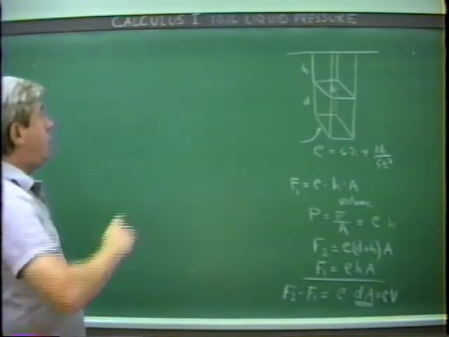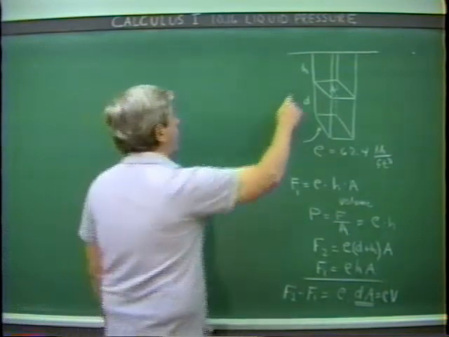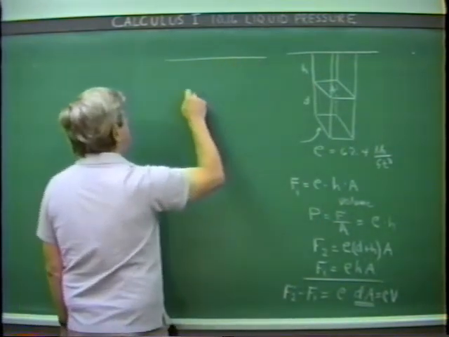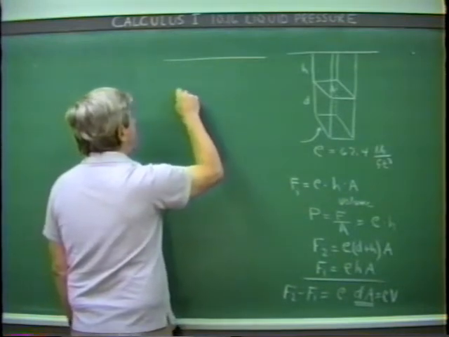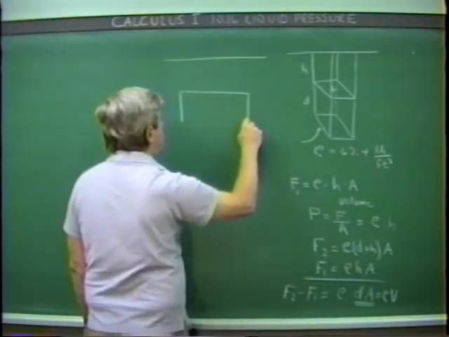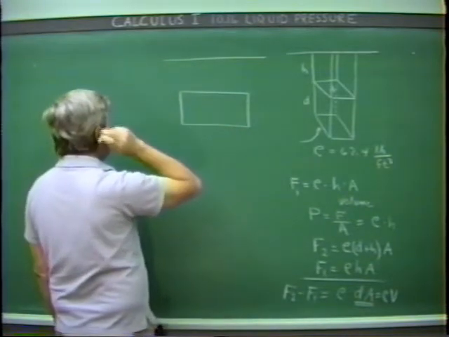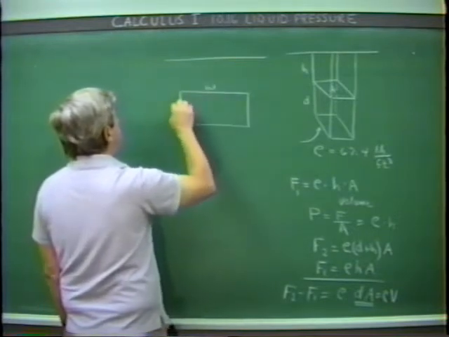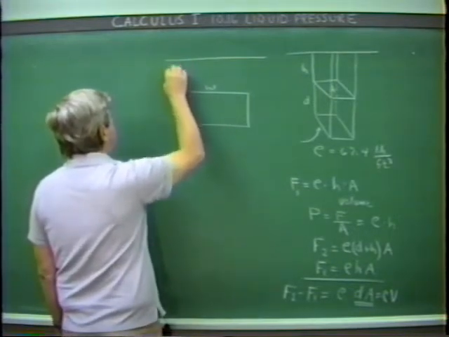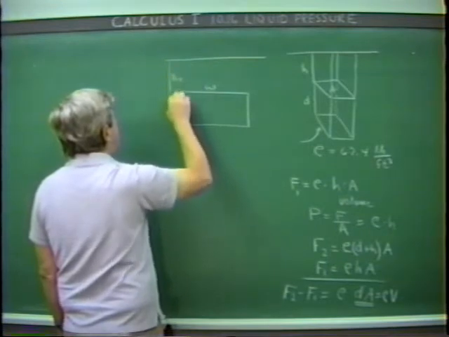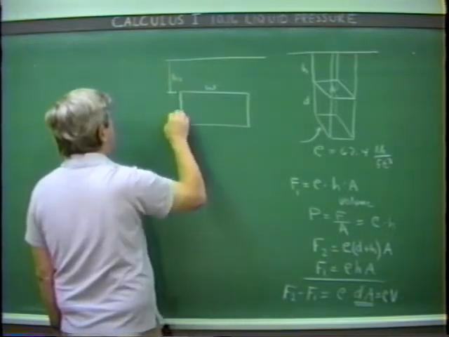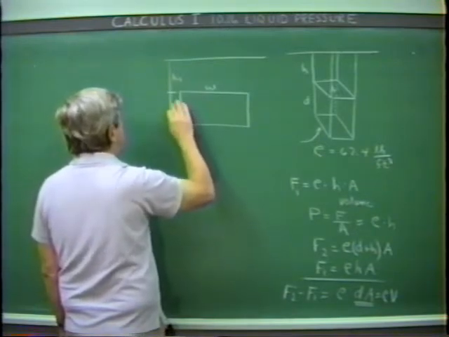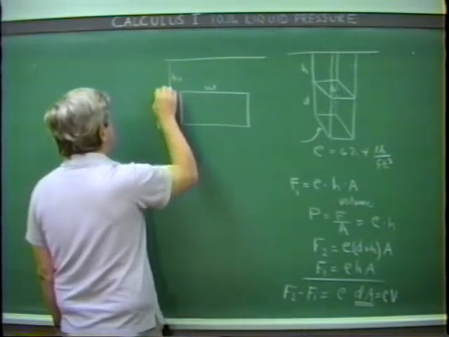Okay, now this is for the simple case, where you're dealing with a surface which is flat and horizontal and submerged all at a particular depth h. Suppose we were looking at, instead, a rectangle which was submerged with width w, and let's suppose that the top of the rectangle was submerged at h1 and the bottom at h2.